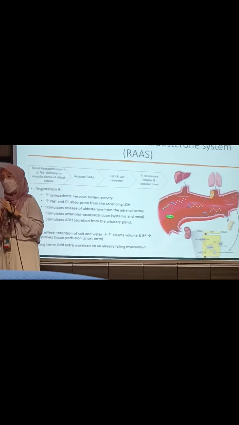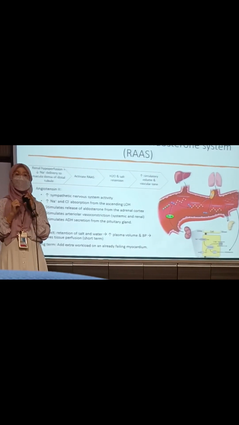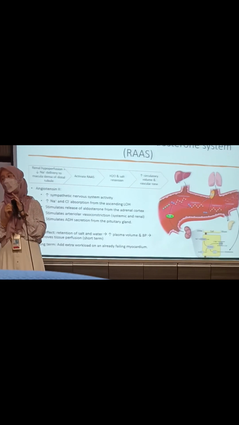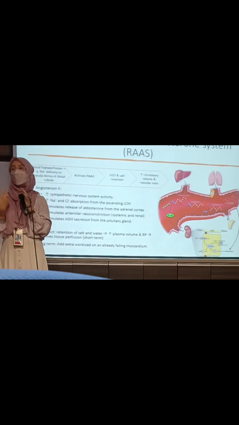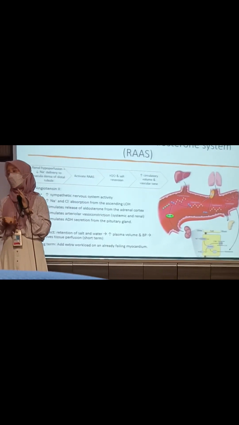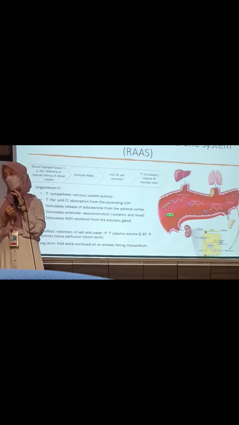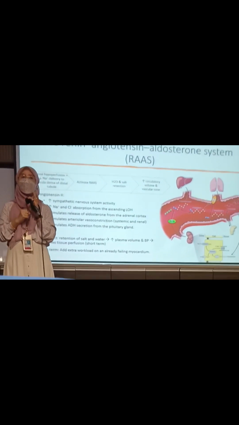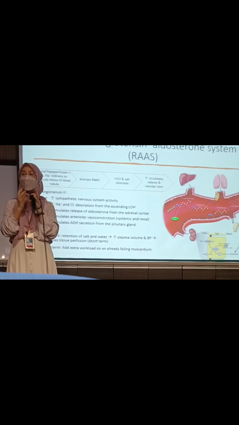But angiotensin 2, dia ada extra special activity which dia adalah potent vasoconstrictor. So dia akan increasekan sympathetic activity, increasekan sodium and chloride absorption, stimulate release of aldosterone, stimulates arteriolar vasoconstriction as well as stimulate the LH section. So semua action ni adalah sebenarnya to maintain the cardiac output.